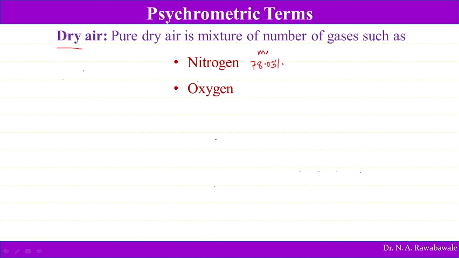By mass, nitrogen is about 75.47% and oxygen is 23.19%. So out of 100%, this is the part of oxygen and nitrogen based on volume and mass.